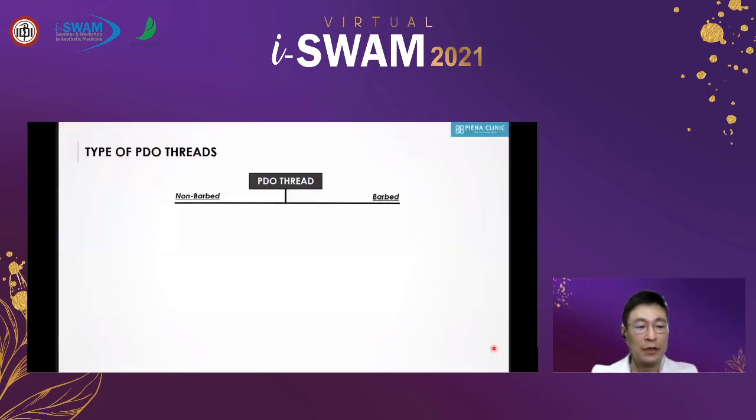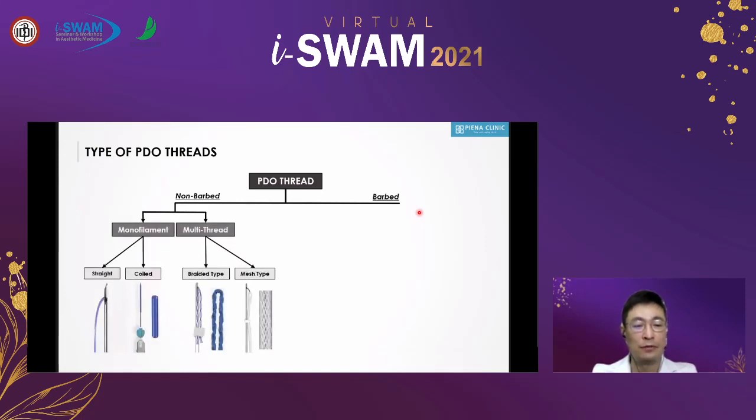First of all, let's have a look at the classification of PDO thread, the basic classification. PDO thread can be divided into non-barbed and barbed types. Non-barbed PDO thread can be divided into monofilament and multi-thread types.